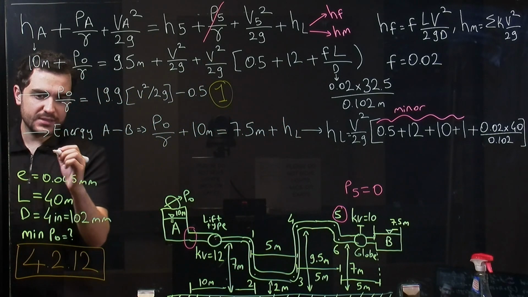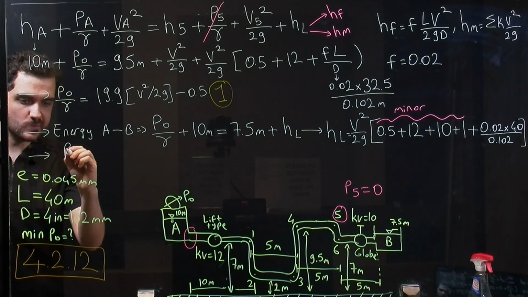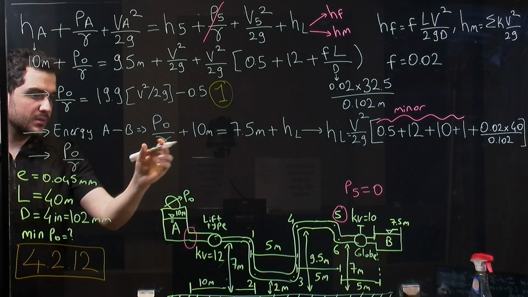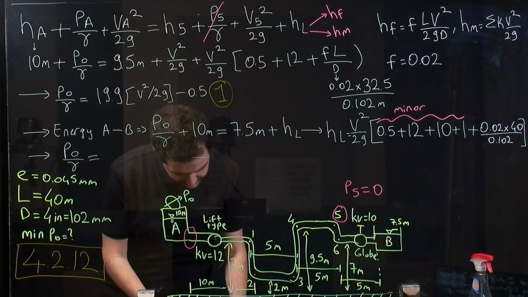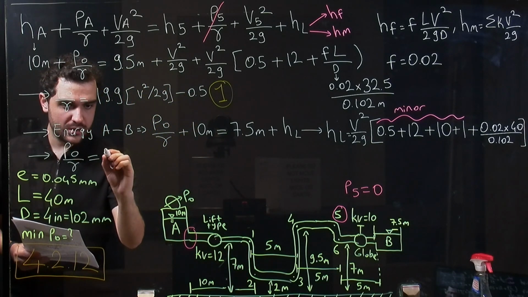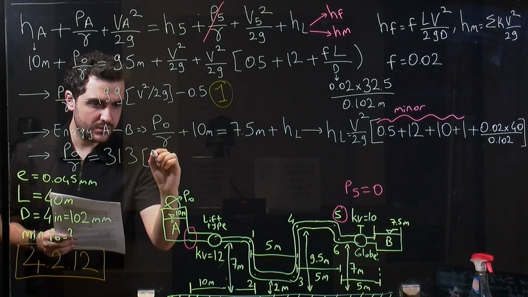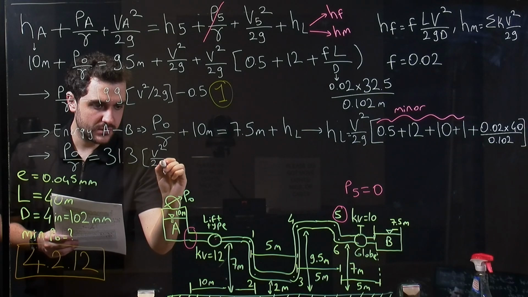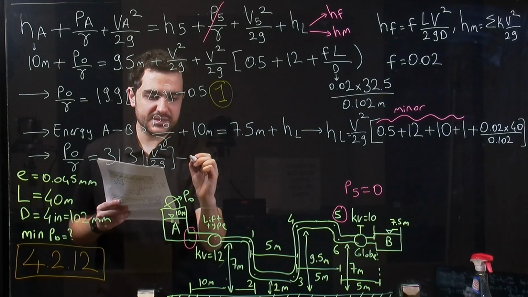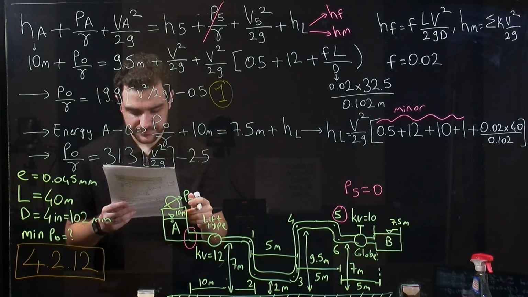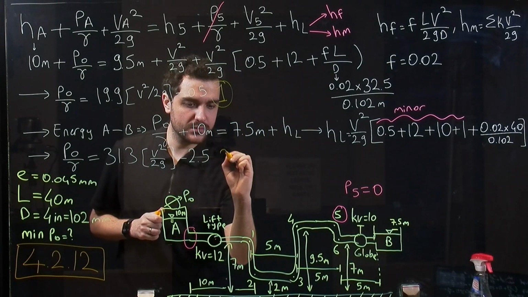And this will give us another equation. For PO over gamma, it will be equal to 31.3 V square over 2G minus 2.5. And let's write this is equation 2.